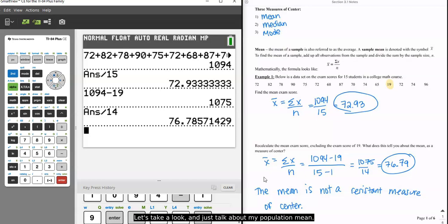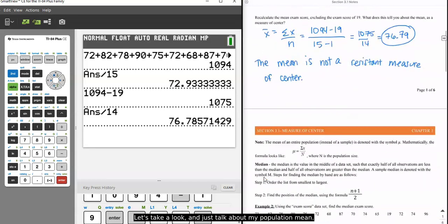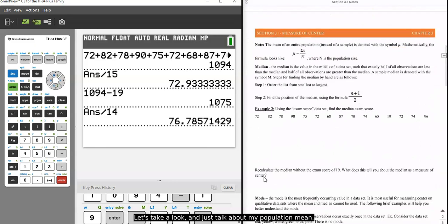So let's take a look at my population mean. It says, note that the mean of an entire population instead of a sample is denoted with the symbol mu. Mathematically, the formula looks like mu is equal to the sum of x all over a capital N, where now N is the population size.